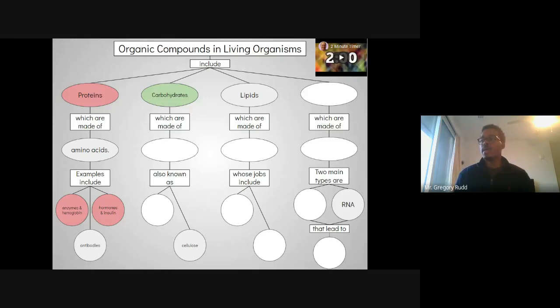So what are carbs made of? Sugar, there's a more scientific word for it.